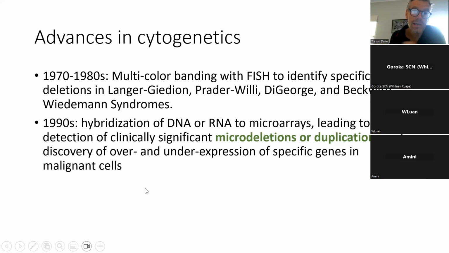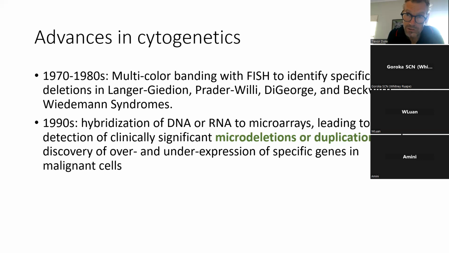So this is a form of cytogenetics, and in the 70s and 80s, after FISH was first introduced, a whole lot of other conditions, as I said, like Langer-Giedion syndrome, you might have heard of that. That's a condition where children have short stature and they have bony hyperostosis, really thickened bones in different parts or lumps in their bones, and they have some intellectual disability as well.